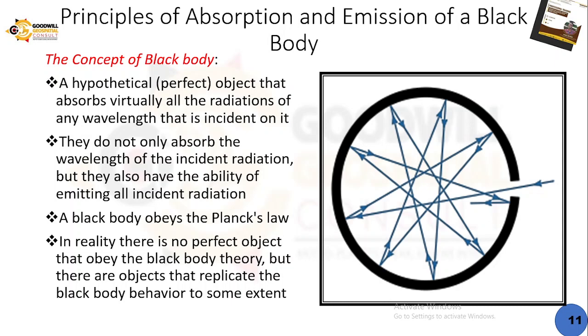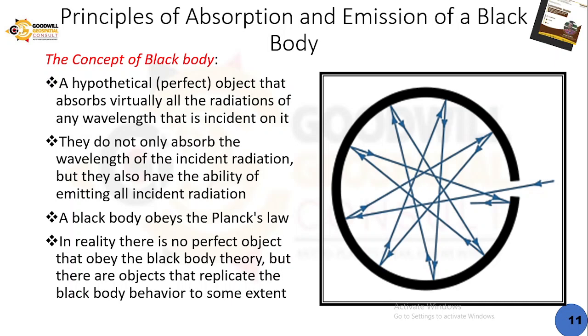Principles of absorption and emission of a black body. Some materials have the inherent property to absorb all the radiation that is incident on them. Once you incident a radiation on an object, depending on its crystal or molecular behavior, sometimes it has the tendency to absorb all the energy in it.